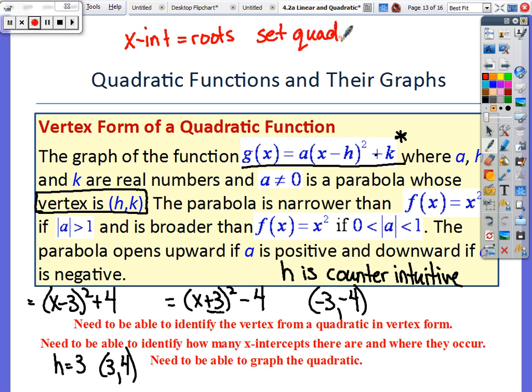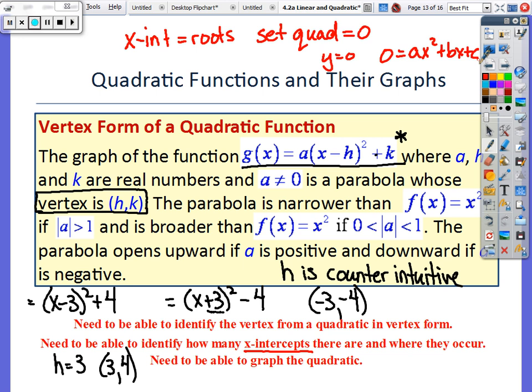Isn't that how we solve quadratics? We always set quadratics equal to 0 to solve. So if they're asking me to find the x-intercepts, I simply set the quadratic equal to 0. I make the y 0, in other words. The y is 0. So I end up getting 0 equals ax squared plus bx plus c. And I can use factoring, I can use the quadratic formula to allow me to solve. Those are going to represent my x-intercepts.